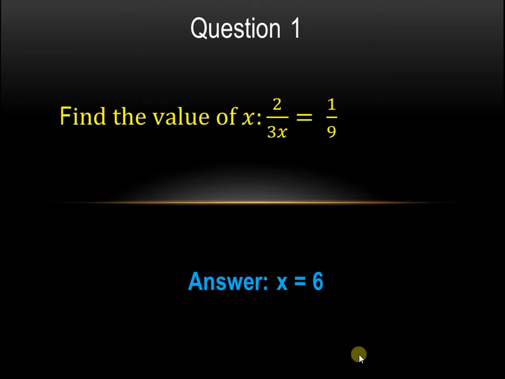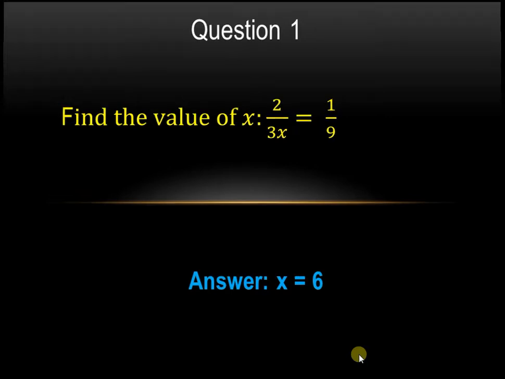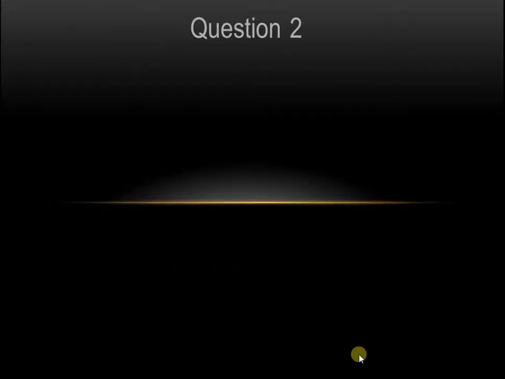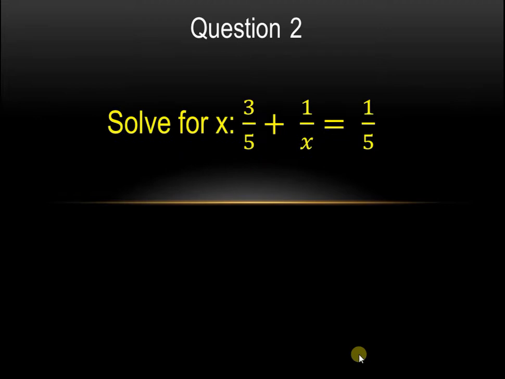Let's have our second question. Solve for x given 3 over 5 plus 1 over x is equal to 1 over 5.